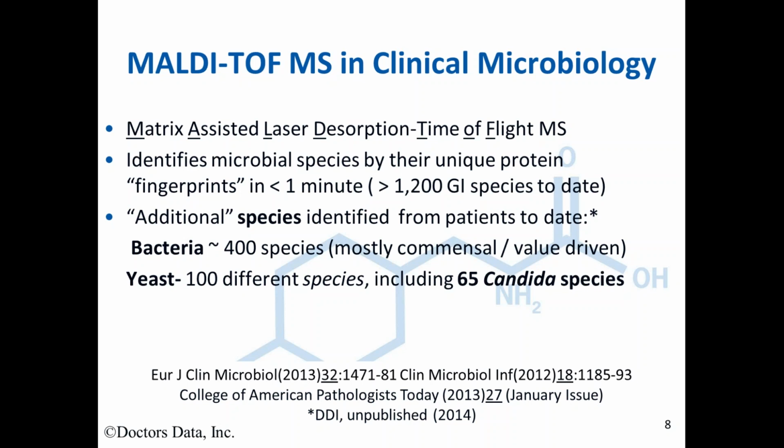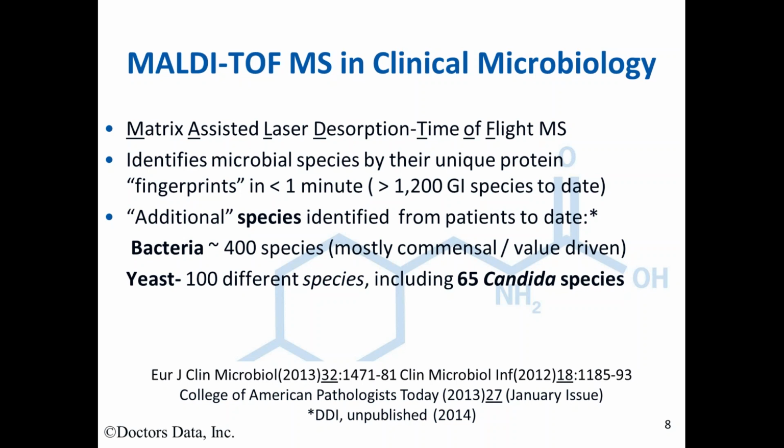What this technique does is it identifies microbial species by their unique protein fingerprints, and it does so in less than a minute. The older biochemical techniques required 6 to 24 hours. Currently, using the vast reference database, there's potential to identify over 1,200 gastrointestinal species.